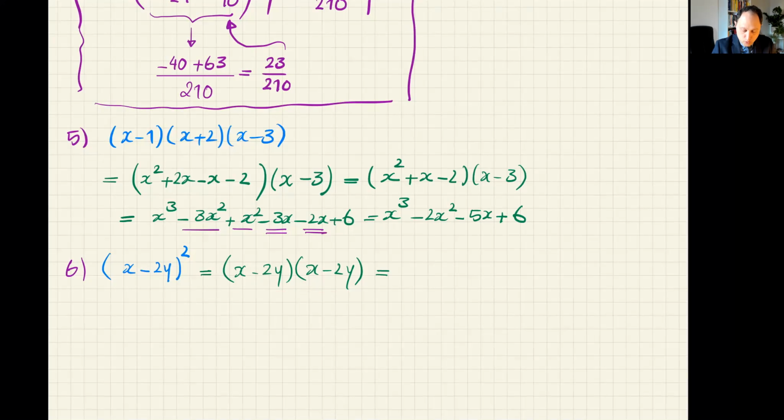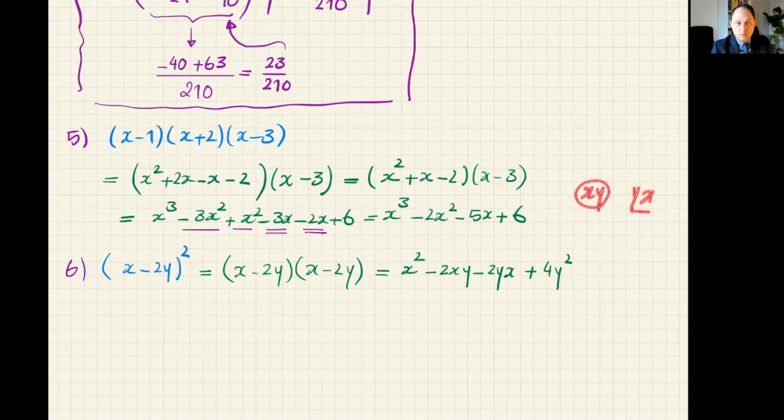So let me just do it quickly. x times x is x squared. The next one is minus 2xy. The next one is minus 2yx. And the next one is positive 4y squared. But the letter parts are actually exactly the same, because xy means the product of x with y, and yx means the product of y with x, but the order in a product doesn't matter.